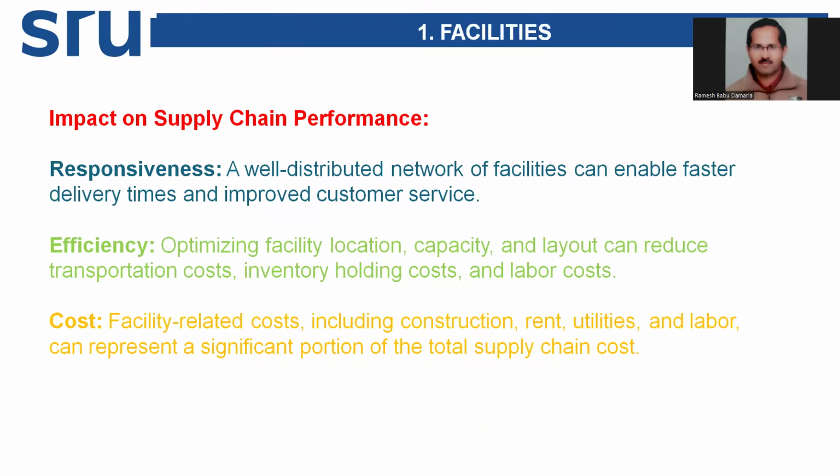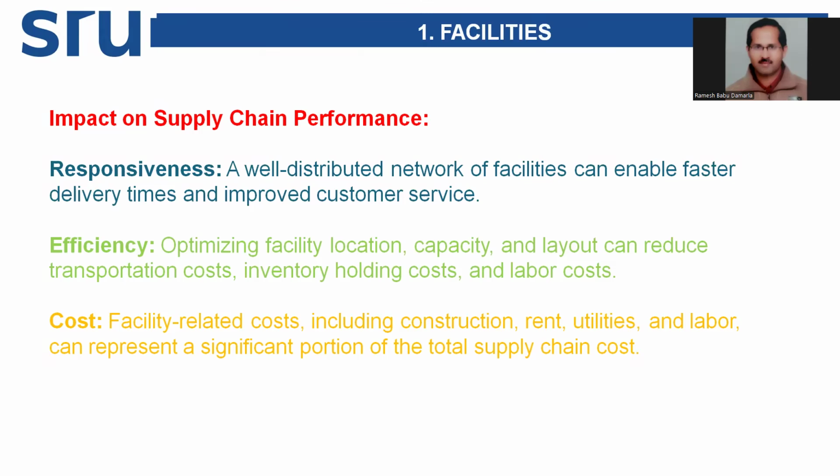So what is the impact on supply chain performance? Especially facilities, how they impact. First thing is responsiveness. A well-distributed network of facilities can enable faster delivery. And definitely delivery time can be reduced, and more customer satisfaction by improved customer service.